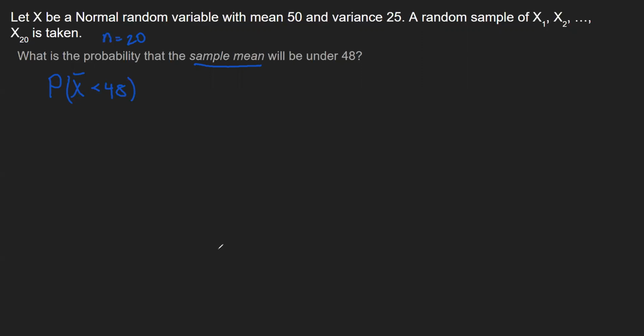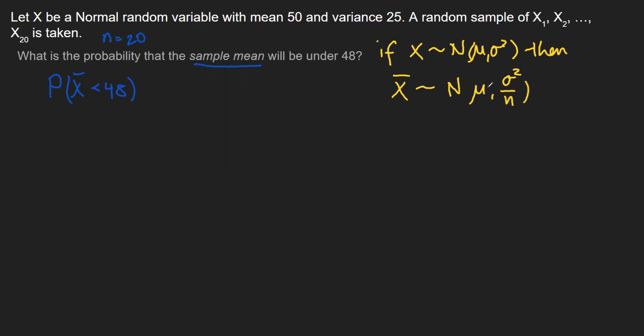If you recall, one of the properties we have is as follows. If your X's are normal, with mean mu and variance sigma squared, then X bar, which again is the average of a bunch of X's, will also be normal with the exact same mu, but now the variance is sigma squared over n.